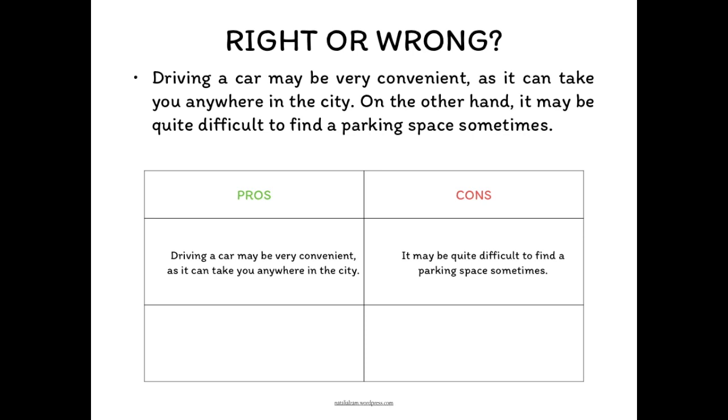In this context, as we said before, this is the right time to use "on the other hand". To say something positive, driving a car may be convenient. However, on the other hand, it may be quite difficult to find a parking space sometimes. If you used a very simple linking word, you would say, driving a car may be convenient, but it may be difficult.